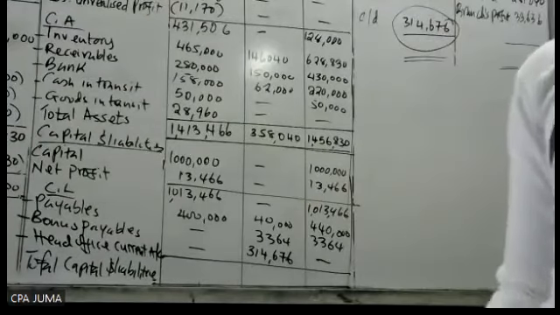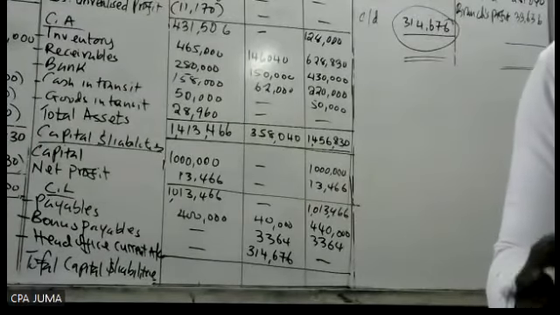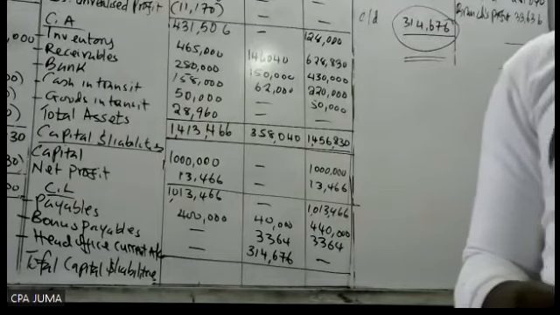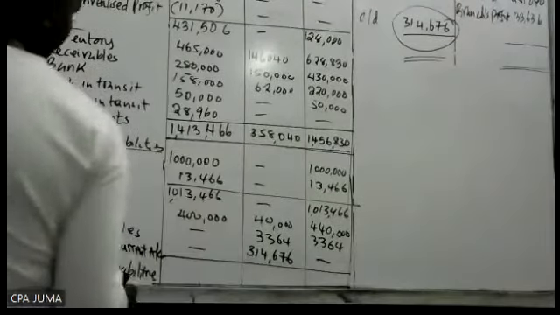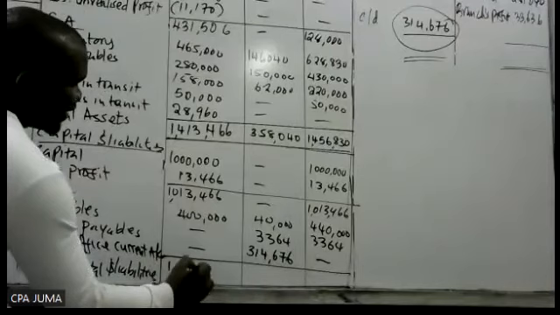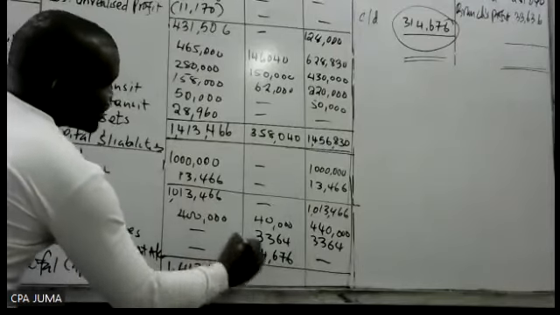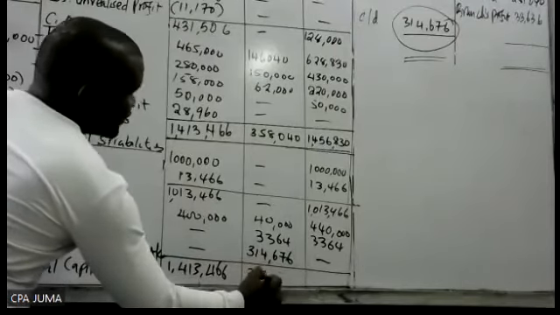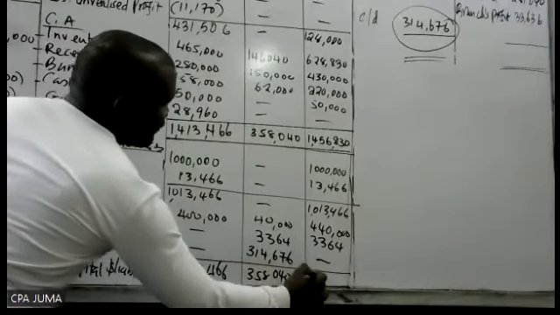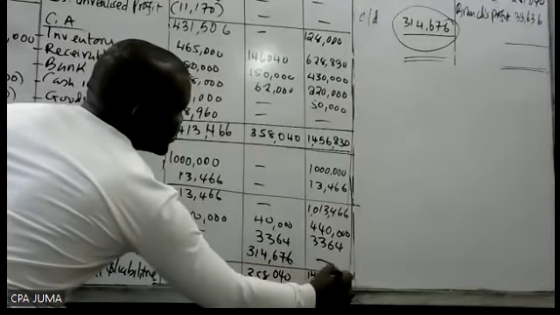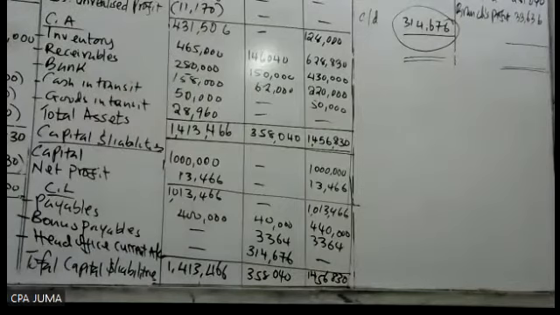Each one balancing on its own. All of them 1,413,466, 358,040, 1,456,830. Then that is okay.